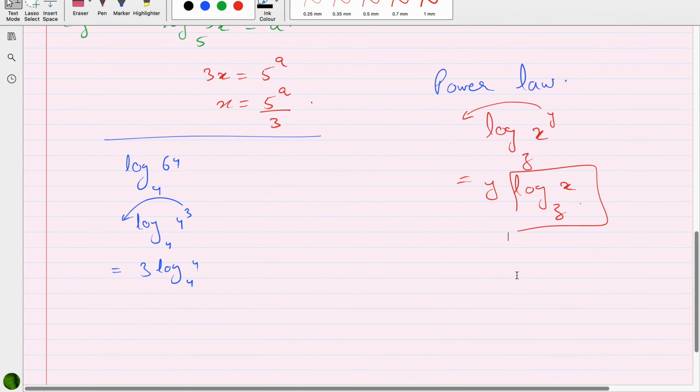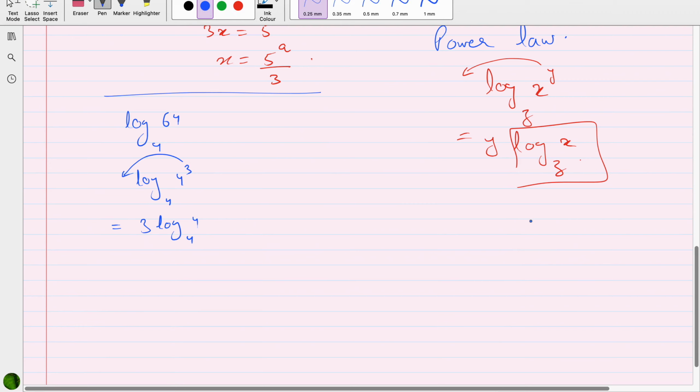And when we have power in base, for example log of x, and this is z, and we have power of base, this also comes out but as a reciprocal. So this would be 1 over y log of x to base z.